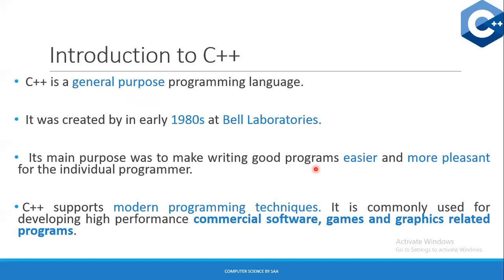It supports modern programming techniques and it is commonly used for commercial software, games, and graphic-related programs. There are other high-level languages also available, but C++ is easier as compared to those languages.